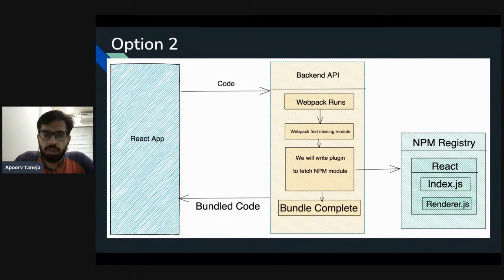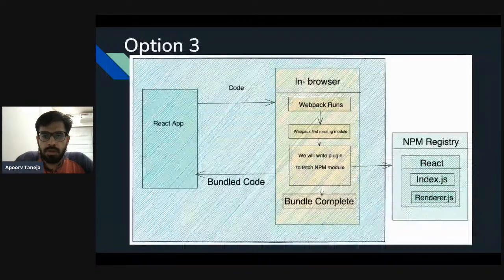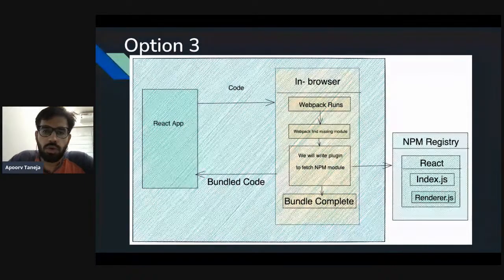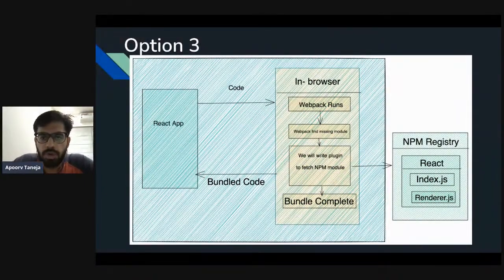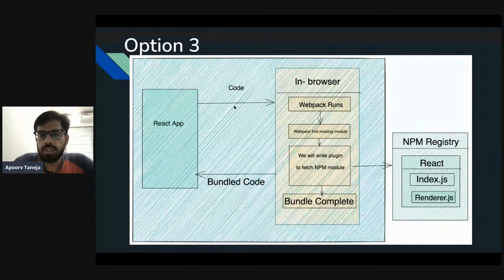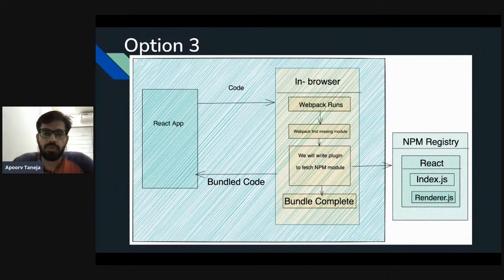Now we are coming to the third approach. In this approach, we are not using any backend API. What we are telling a code editor is to use in-browser compilation to bundle the code. So there's no API request, there's no server involved with this type of approach.